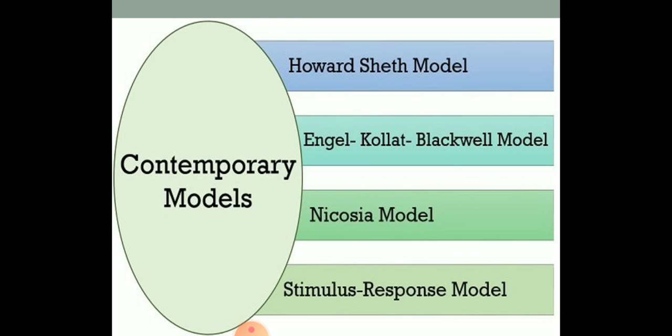Here, inputs are given by these three stimuli in the Howard Sheth model. The uniqueness about this is that the social stimuli, symbolic stimuli, and significance stimuli of that product make an impact on our decisions.